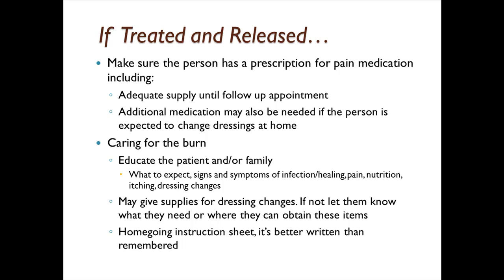And then if they're responsible for dressing changes, you may be able to give supplies for dressing changes. If not, you would let that patient know where they can obtain these items. Homegoing instruction sheets are very important because it's better written down than remembered. Some people sit there and agree with everything, but they forget it once they leave the unit.